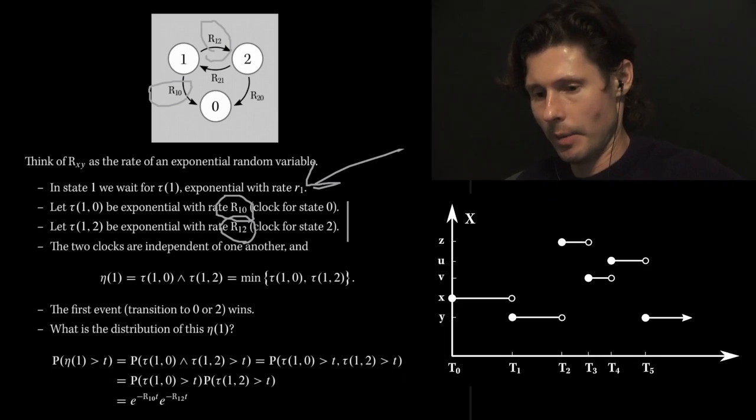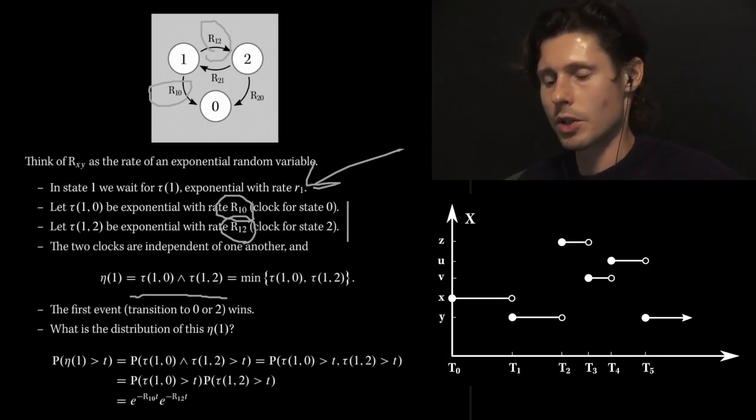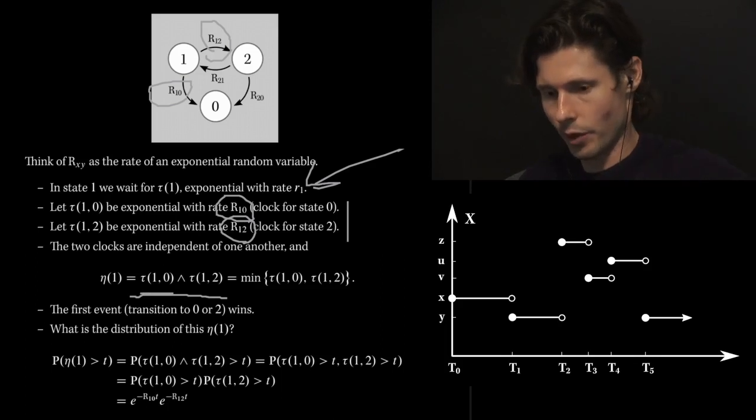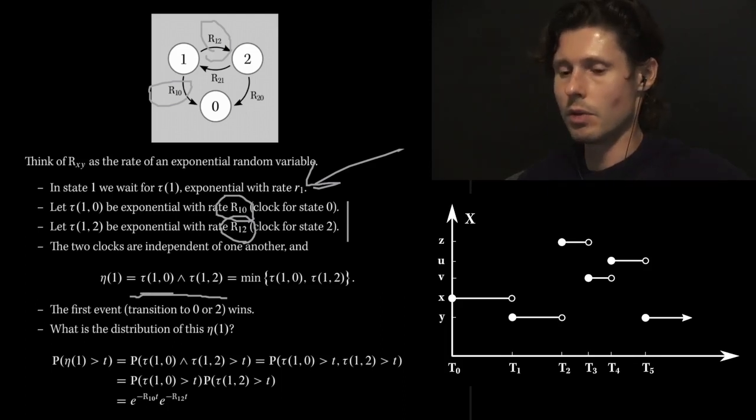We're just going to take the minimum and see whoever wins, that's the one that's going to determine the transition. If tau 10 is smaller than tau 12, then it's the transition to 0 that wins, and that determines where the CTMC goes.